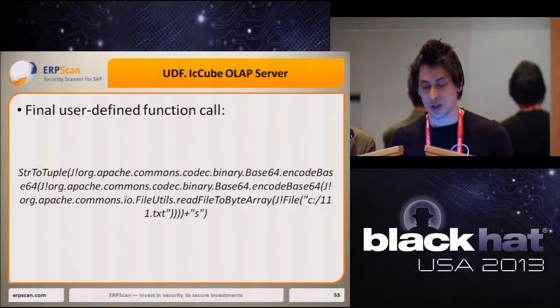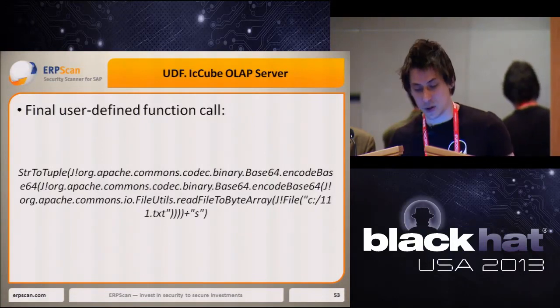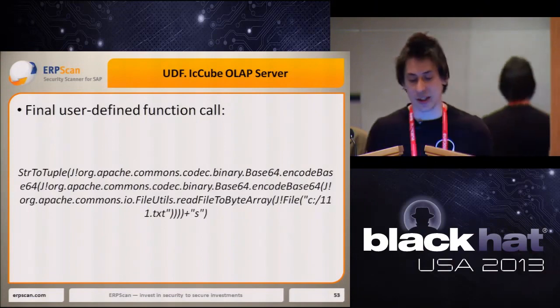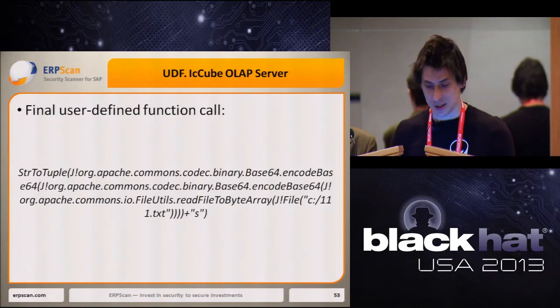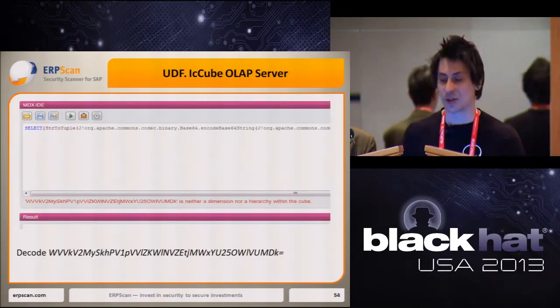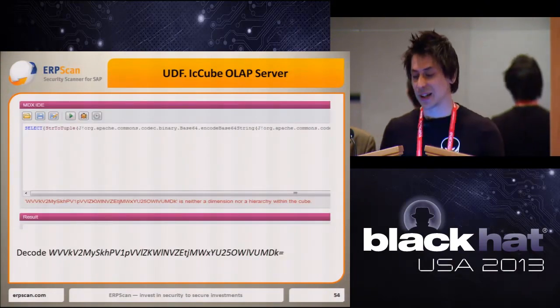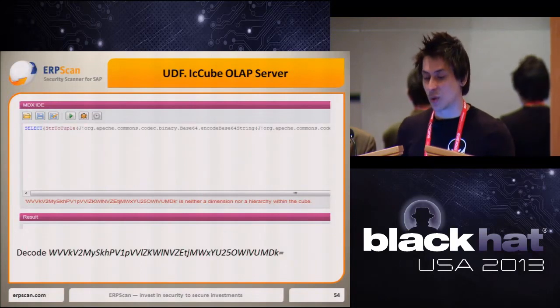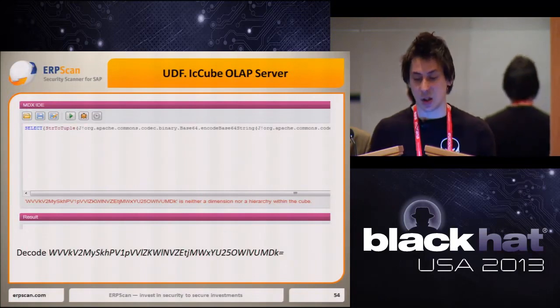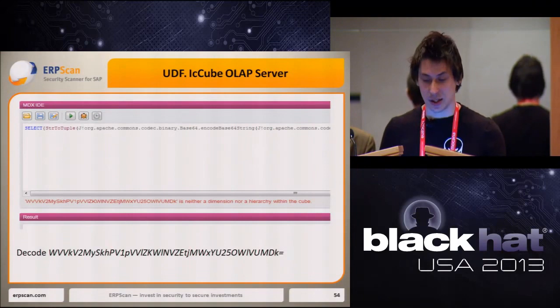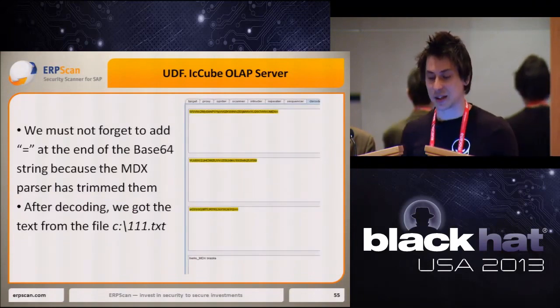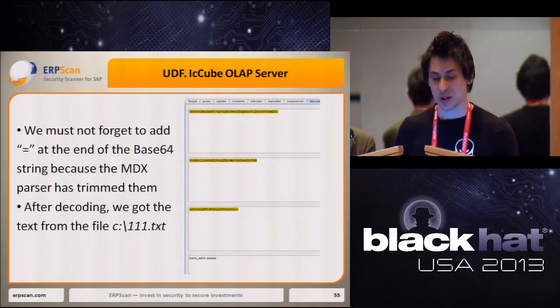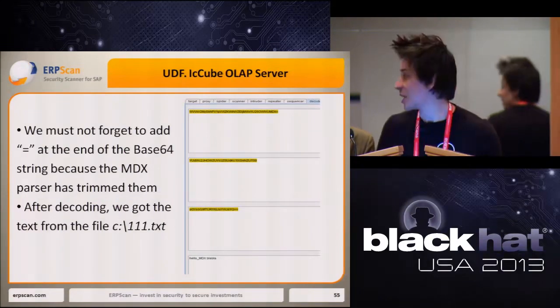After that, we encode it twice with encodeBase64, and after that concatenate with one character, in our example S. The server replies with an error which contains a base64 string. We must not forget to add an equal sign at the end, and after that we can decode the string several times and get the content of the file 111.txt from the OLAP server.